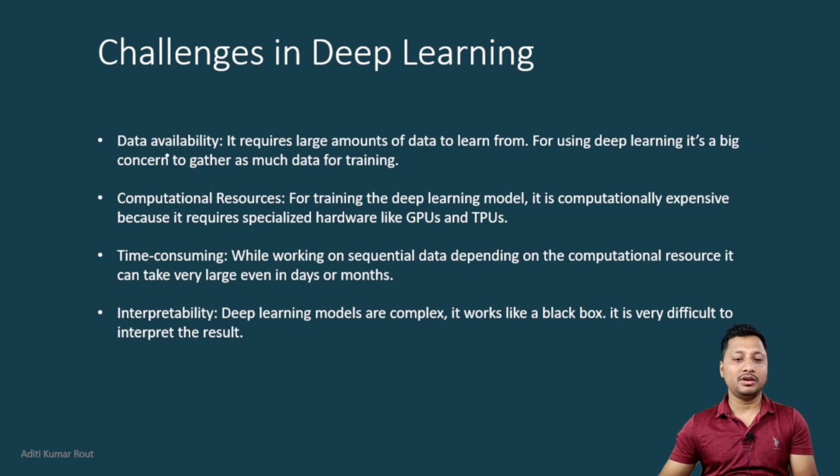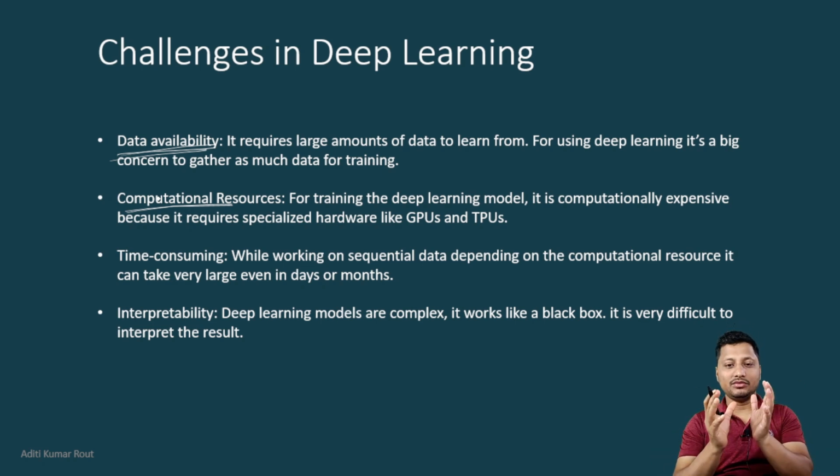So first of all, data availability: the deep learning model requires more data to be trained. And the second point is the computational resources. It takes more resources, and the resource cost is higher to compute.